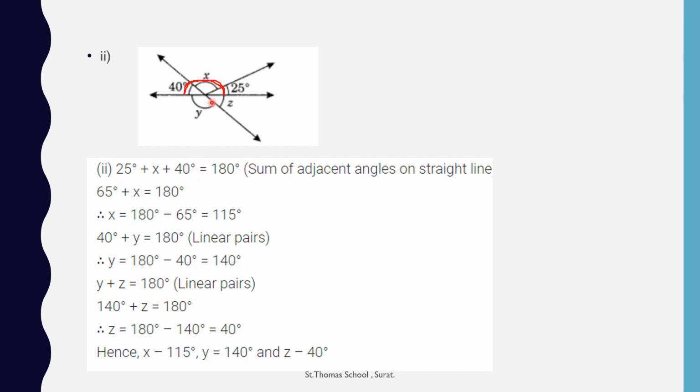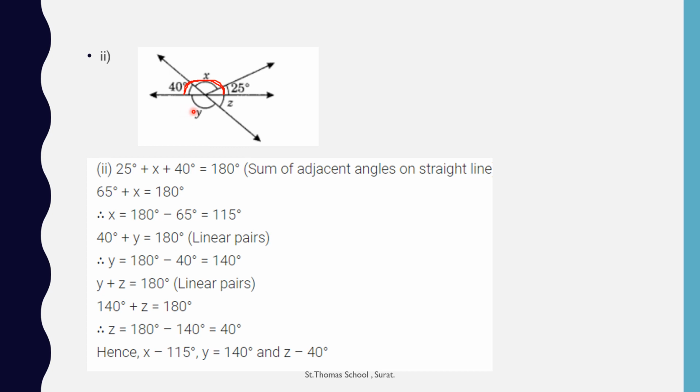Now we can say that 40 plus y, these two angles, because this line is a straight line, so 40 plus y is equal to 180° because linear pair. Clear, children? So y is equal to 180 minus 40, that is 140°.